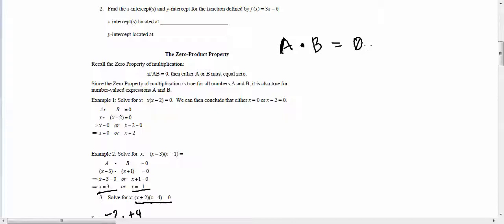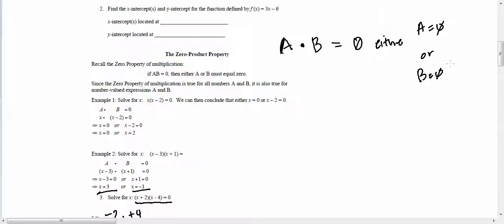That makes sense, right? You can say either A equals 0 or B equals 0. Because if A were 0, it doesn't matter what B is. B could be a million, it could be a billion, it could be 1.3758964, whatever, times pi.